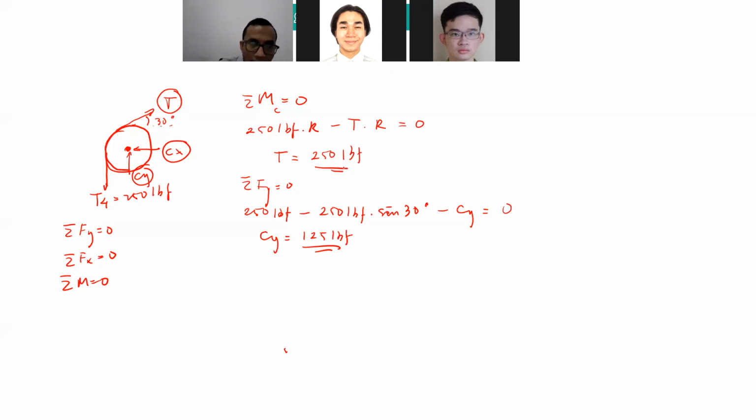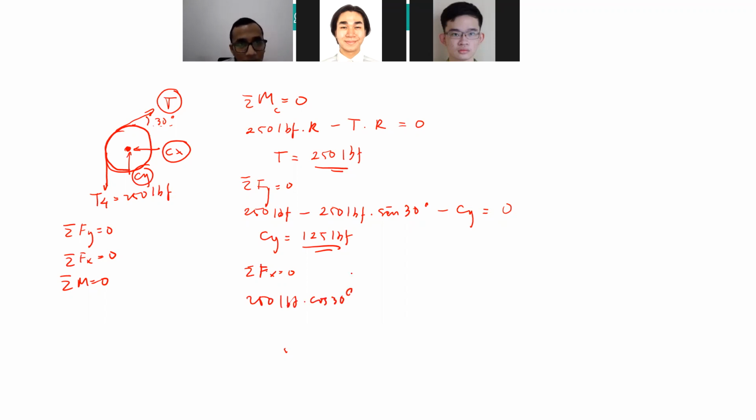Okay, now we are left with Cx, right? What equation are we supposed to use in order to solve for Cx? Sigma Fx is equal to 0. What will you get in the equation, Mario? 250 cos 30. Okay, going right positive in this case: 250 lbf cos 30 degrees.